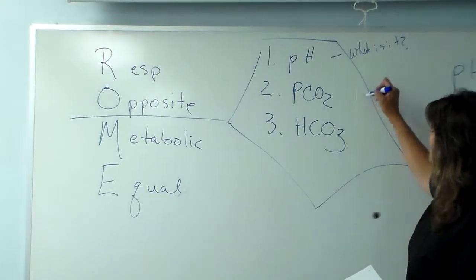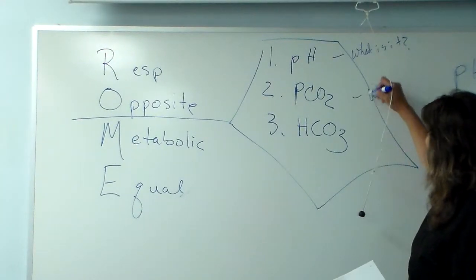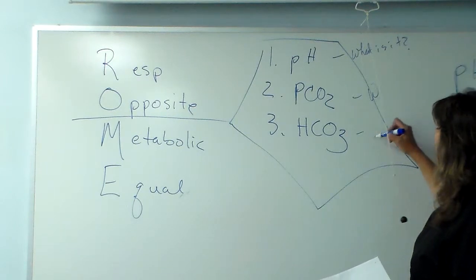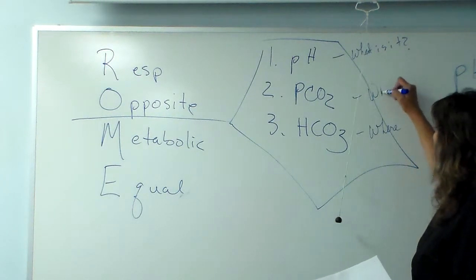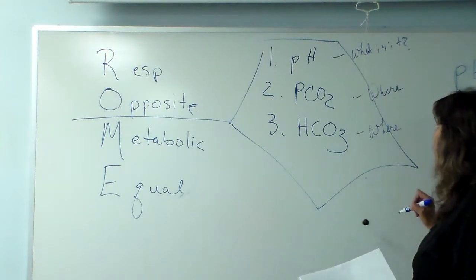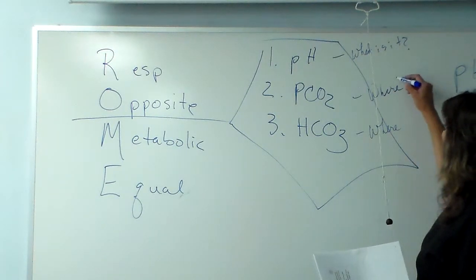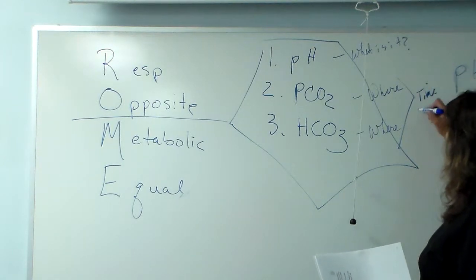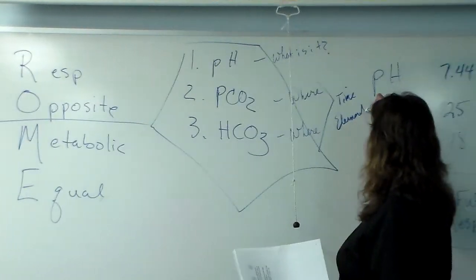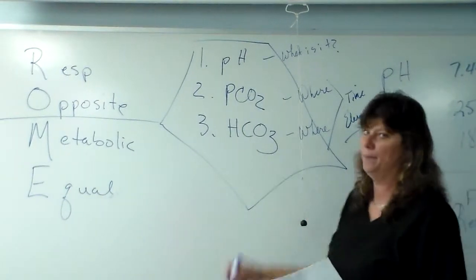Okay? Your PCO2 is going to tell you where. Okay? And your bicarb will also tell you where, whether it's metabolic or whether it's respiratory, but it will also give you a glimpse of the time factor, the time element. All right? How long has this been going on?